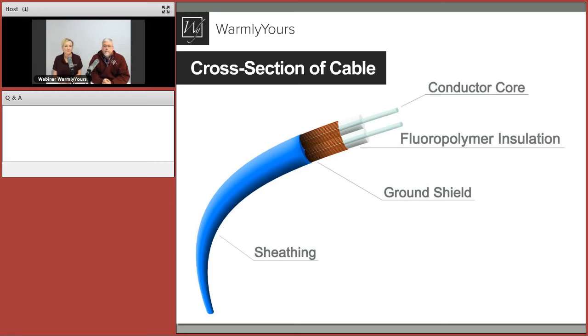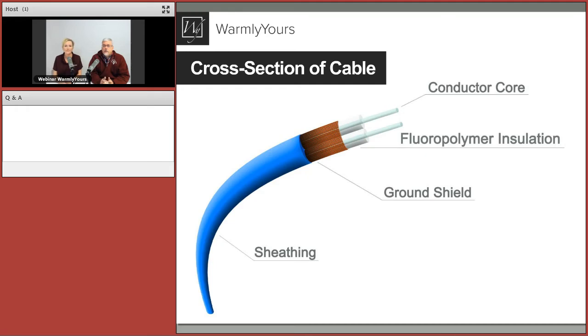For companies out there that market zero EMF, all electrical products have EMF, like your vacuum cleaner and your microwave, so there's no way really to have zero EMF. But EMF is very minimal when you have a twin conductor product. So it's not zero, but it's pretty darn close to it.